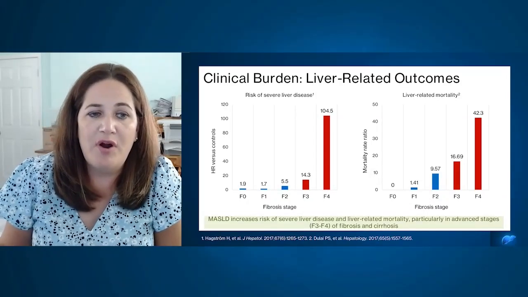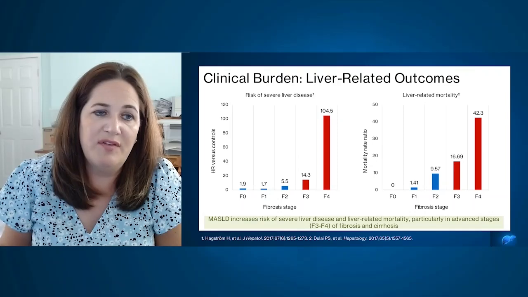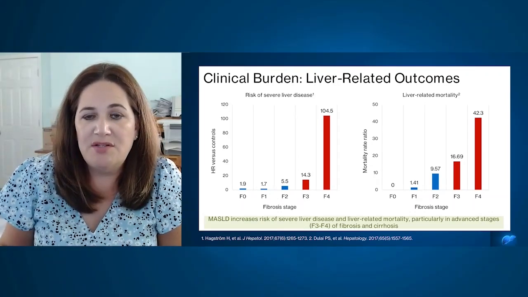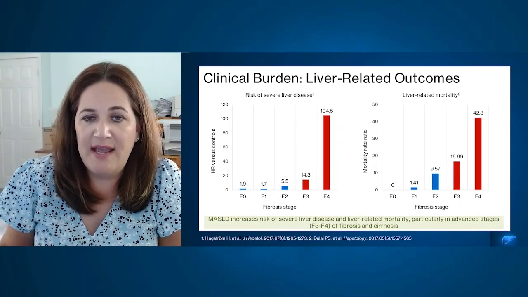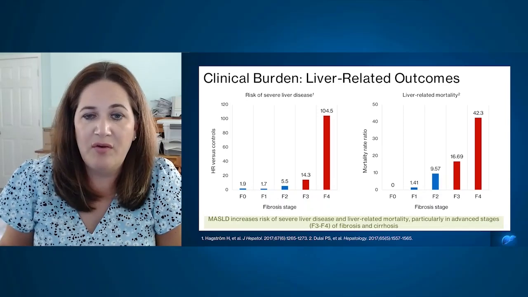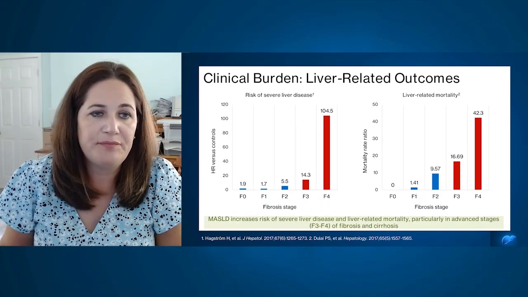And then F4, you can see it really jumps up there to the severity of liver disease at that point. Similarly to the chart on the right, you can see that as the fibrosis stage increases, the liver-related mortality increases with quite a large jump at that F4 stage.